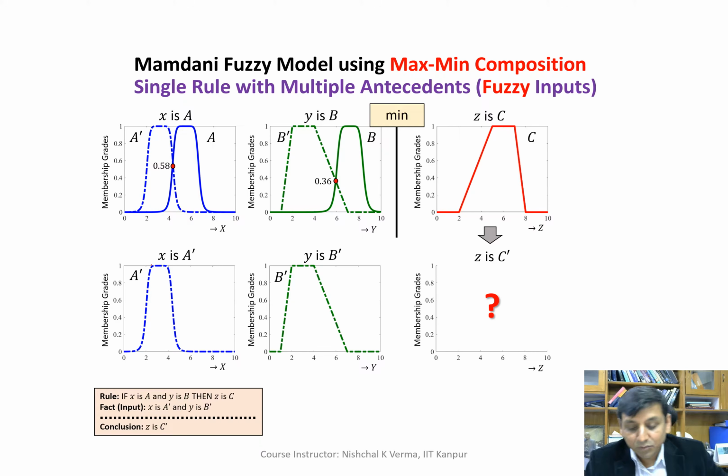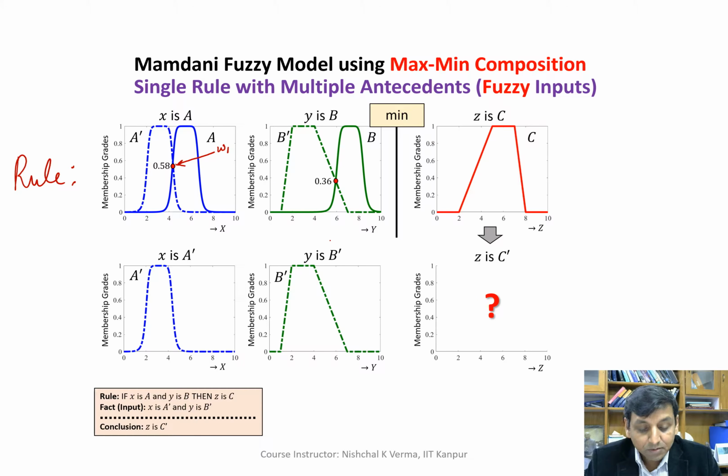When we superimpose these two, we see the point of intersection here, and we call this W1. So this is W1, the intersection point. So this is the first weight.